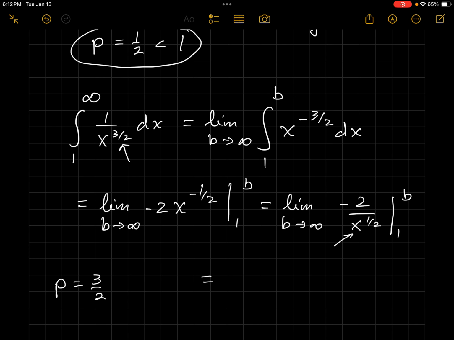So now if I plug in x quote-unquote equals infinity, I get negative 2 over infinity, which is 0, minus negative 2 over 1. I factor out the negative 2 over here, which gave me a finite number. So this integral converges. But I knew that already because p was 3/2, which was greater than 1.